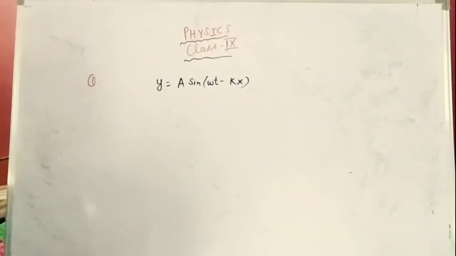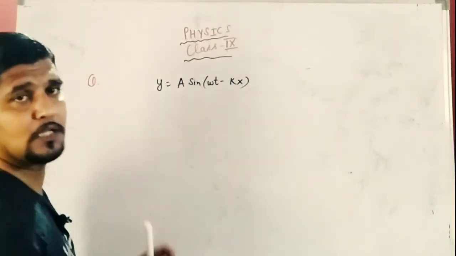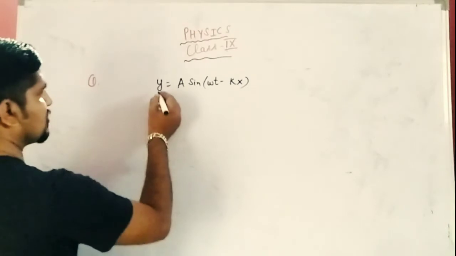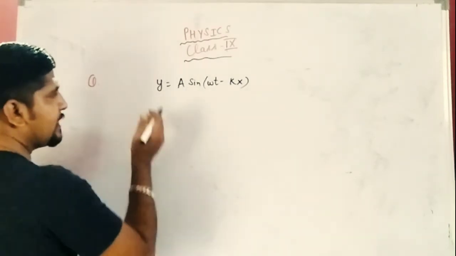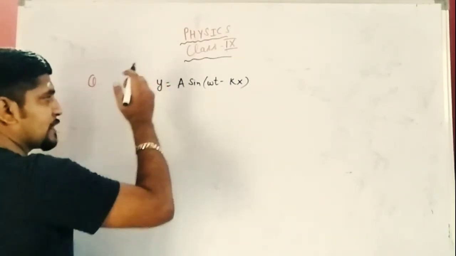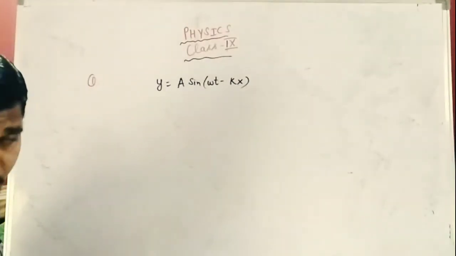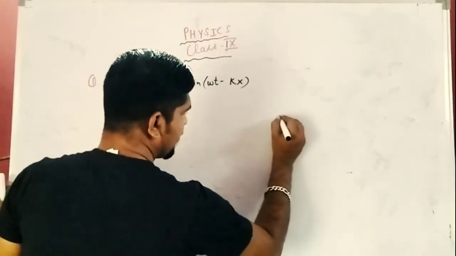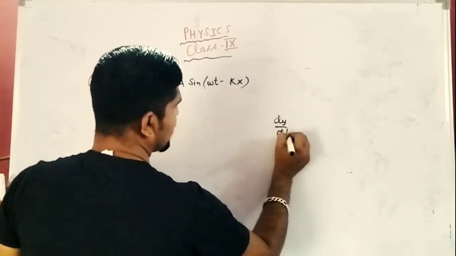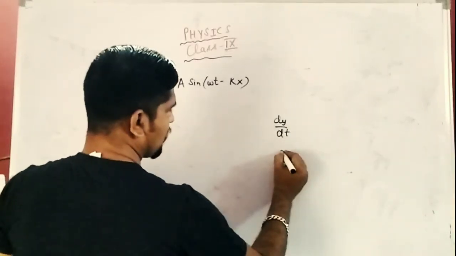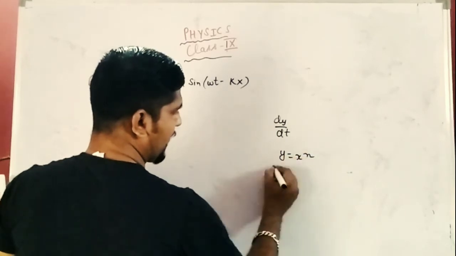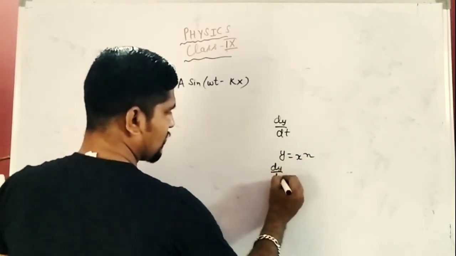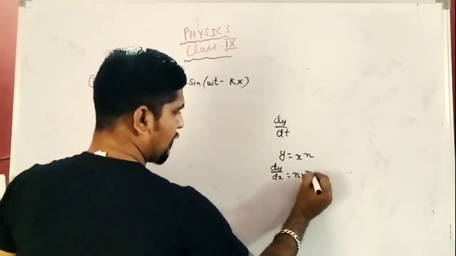So we have to find the velocity. This is the position. It means when we differentiate this position with respect to time, we will find the velocity. So we have to find dy by dt. We have the formula: if y is equal to x to the power n, then dy by dx will be equal to n x to the power n minus 1.